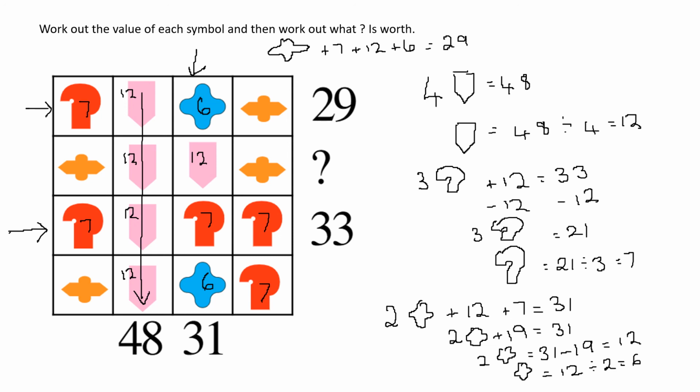So one of my little orange bee shapes plus 25 will be worth 29. So if I subtract 25 from both sides, one of these will be worth 4.